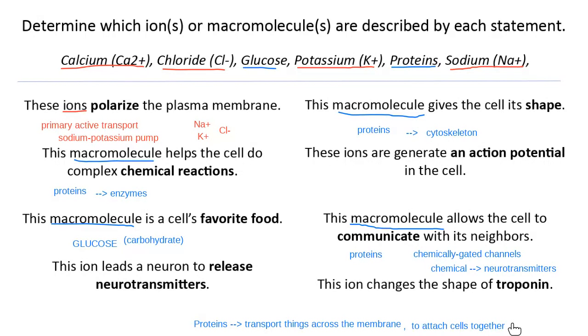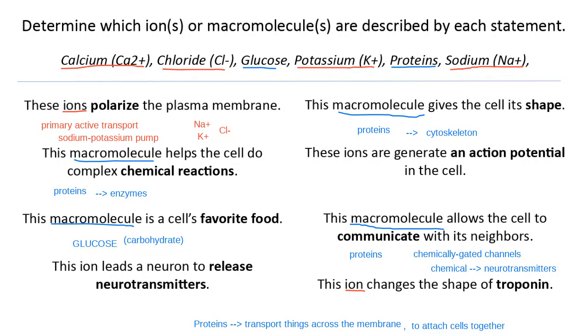One of the proteins we talked about this semester was troponin. When we talked about troponin, what was this protein involved in? Where did we talk about troponin? Yeah, we talked about troponin when we were talking about the process of muscle contraction.